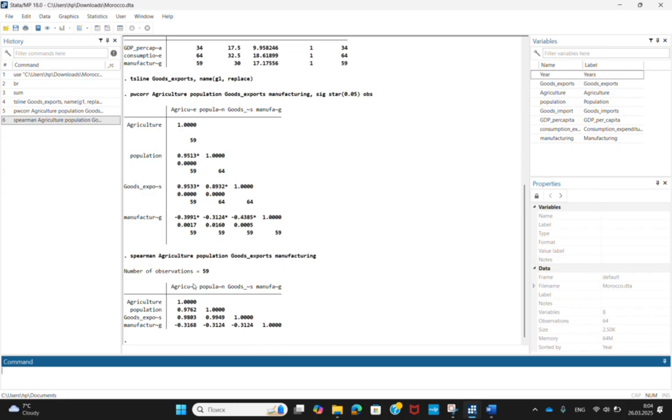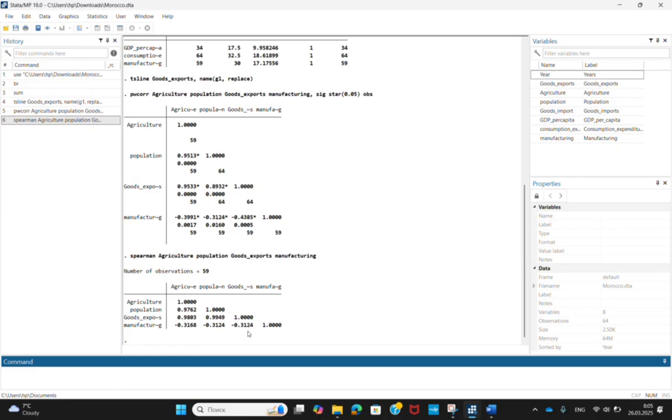Between population and agriculture, there is a positive correlation of 97%, but between manufacturing and population, there is a negative correlation of 31%. And goods exports as well, there is a negative correlation, right?